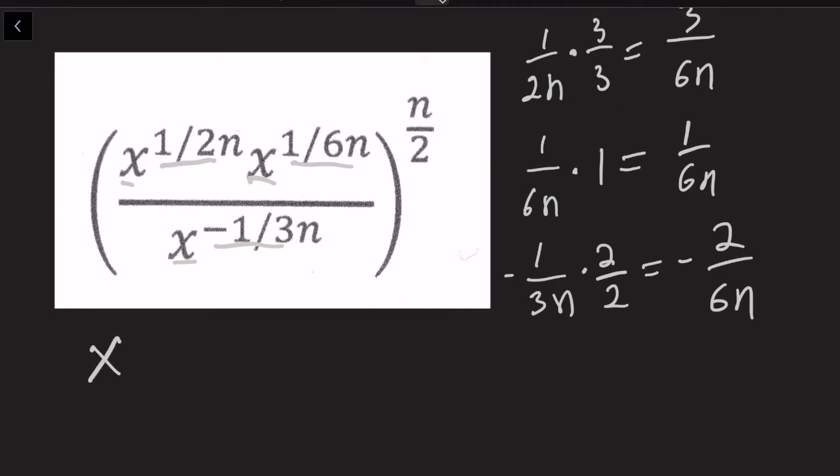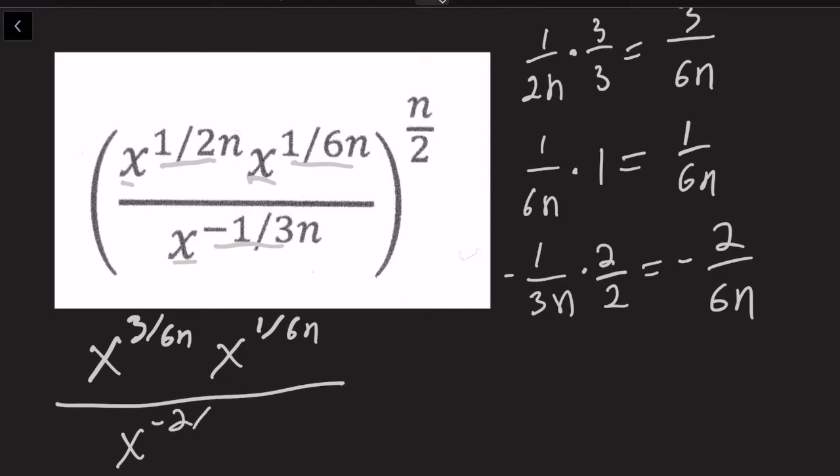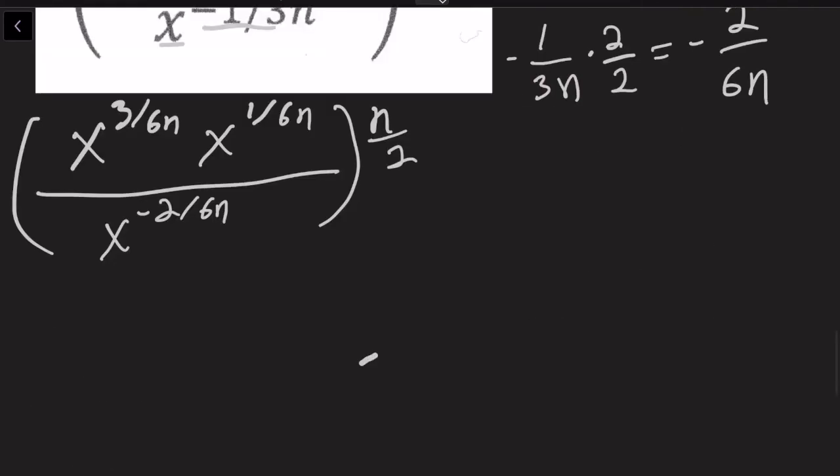x to the 3 over 6n times x to the 1 over 6n, over x to the negative 2 over 6n. It's all raised to the n over 2. So the first thing I want to do here is combine these two together. When you have the same variable raised to an exponent, we can just add the exponents together.